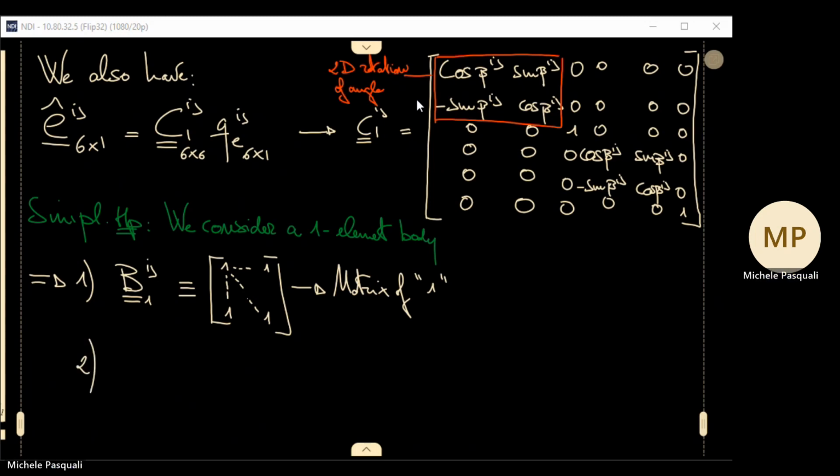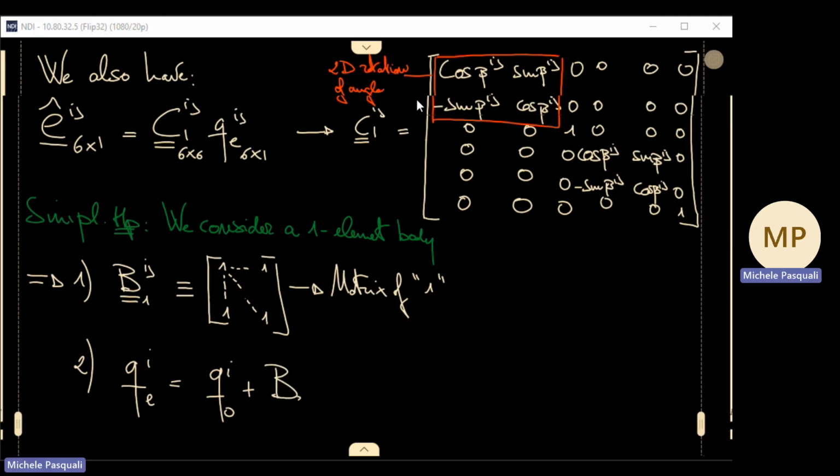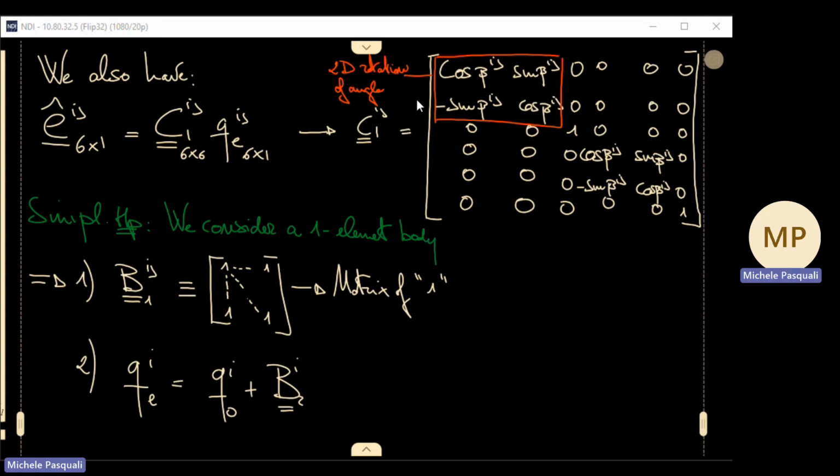And the second is that QE, which is the vector of the nodal quantities associated to the overall body, is Q0I plus B to I QF I. How is this B?